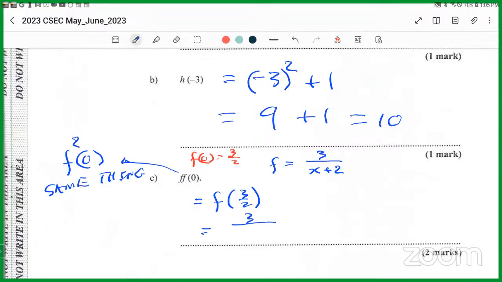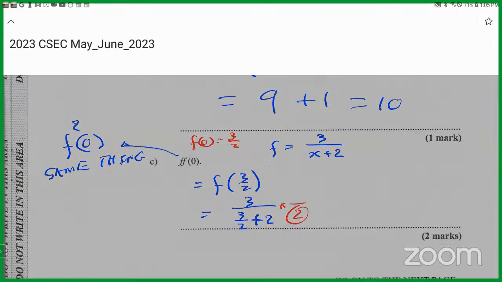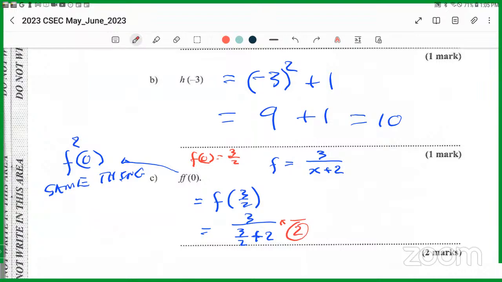So this becomes 3 over 3 over 2 plus 2, and this can be simplified now. To get rid of this fraction, we multiply the denominator by 2. The 2 will cancel the fraction on that one. We also have to multiply the numerator by 2.